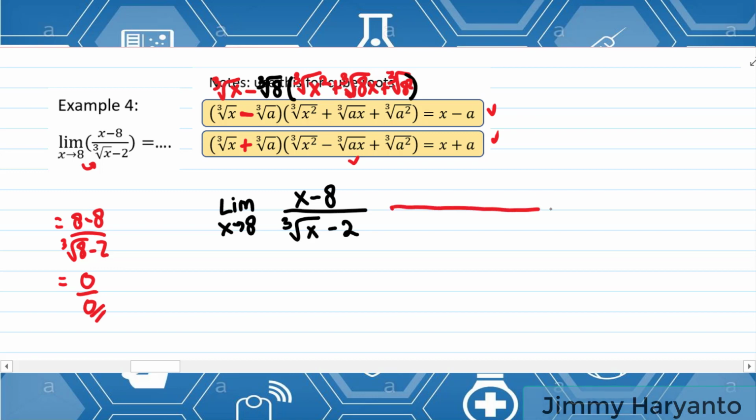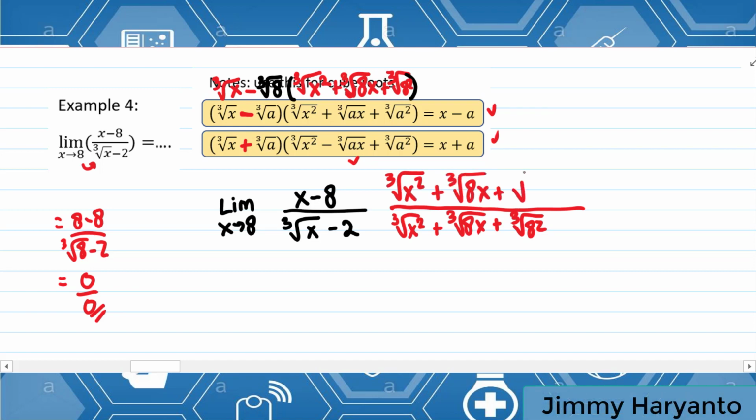So that is the rationalized cube root. Let's rewrite: cube root of x squared plus cube root of 8x plus cube root of 8 squared.